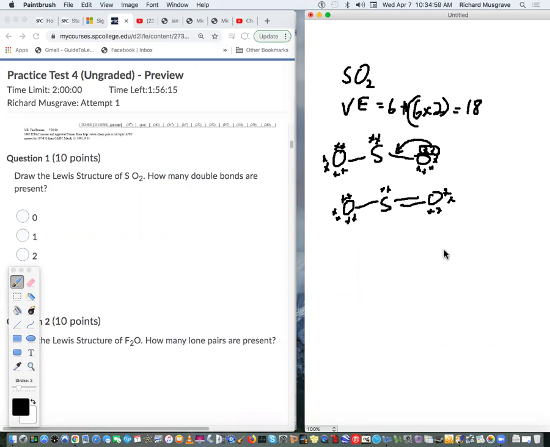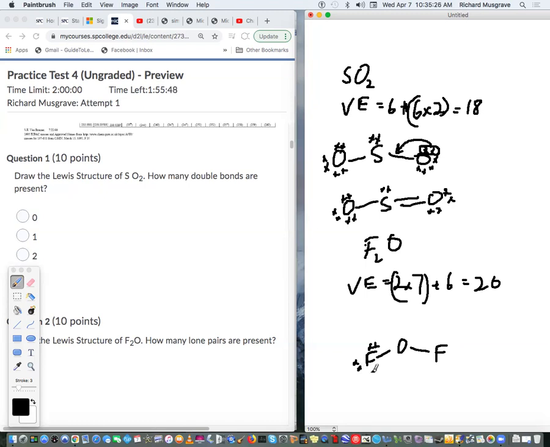That's good. All right, so F2O, valence electrons are going to be 2 times 7 plus 6, 20. So put the O, put the F's connected to it.